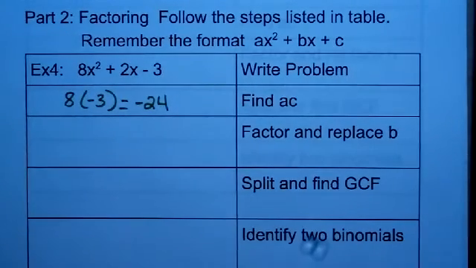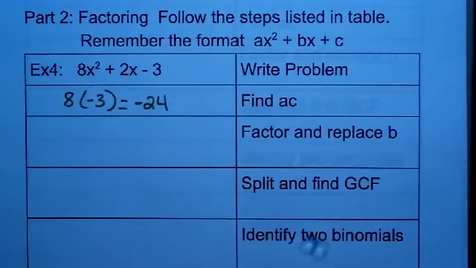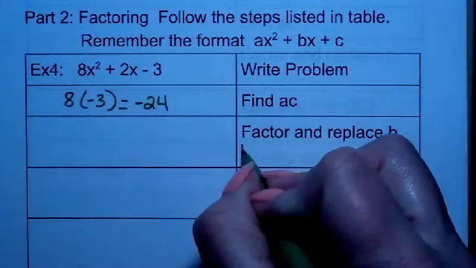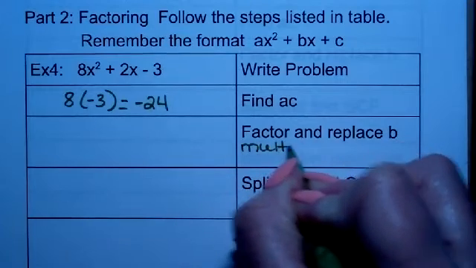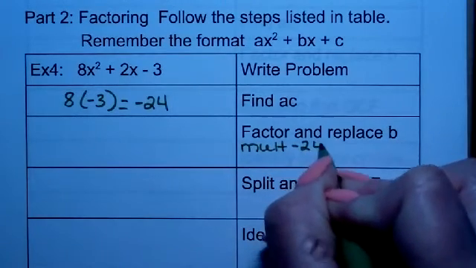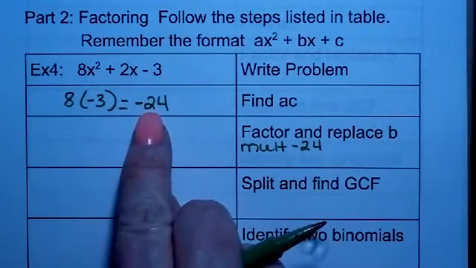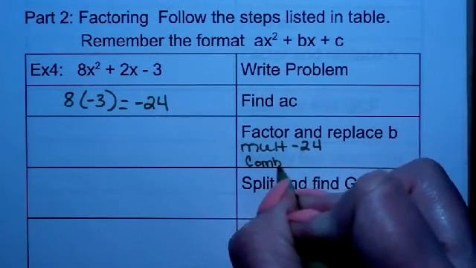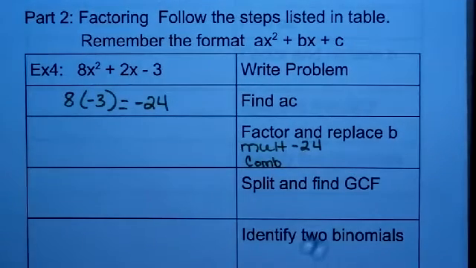Okay, now the second part is what we call the factor and replace part. Remember, this is where we're going to look for two numbers that multiply to give me negative 24, which comes from right here, but it's going to combine. I'm going to use the word combine because we're doing positives and negatives. So sometimes it might be adding, sometimes it might be subtracting.